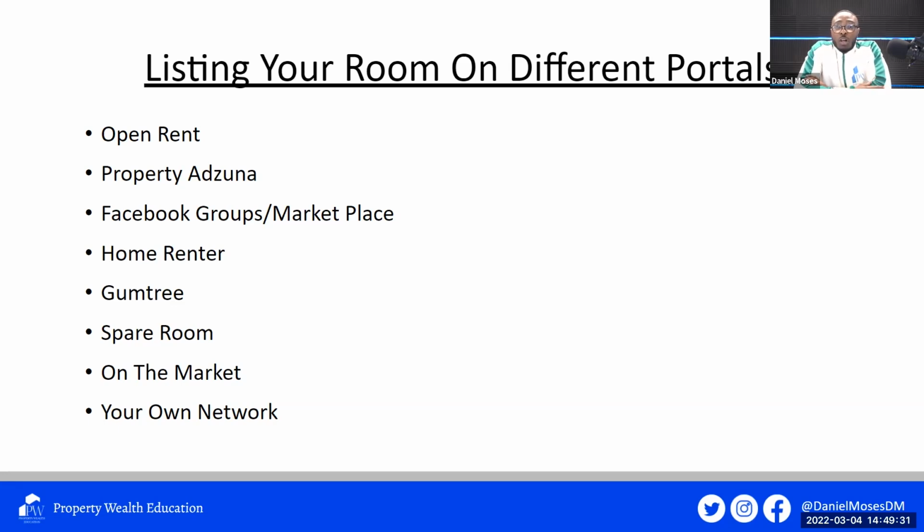You can also use Gumtree to find tenants for your property. Now, one of the most efficient, busiest and best websites to use to find your tenant is Spare Room. Spare Room has created something so amazing that every single one of the rest that I mentioned cannot even compare with them.